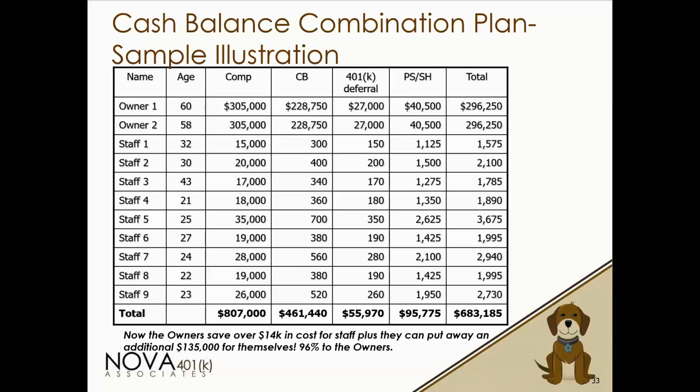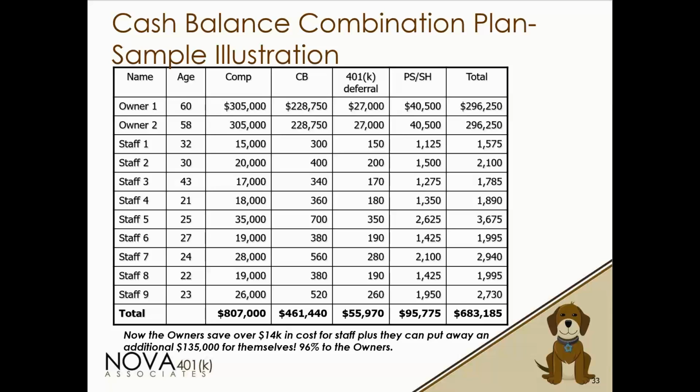If you remember, on the cash balance alone plan, we gave them 15% in the cash balance plan. So now we've reduced that number from 15% down to 7.5 plus 2, so 9.5%. So we've saved $14,000 in staff costs, but we also were able to get an additional $135,000 to the owners between a deferral and a profit sharing that they were able to put into the DC plan.